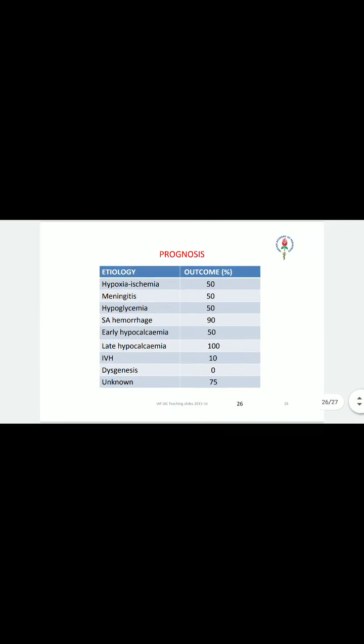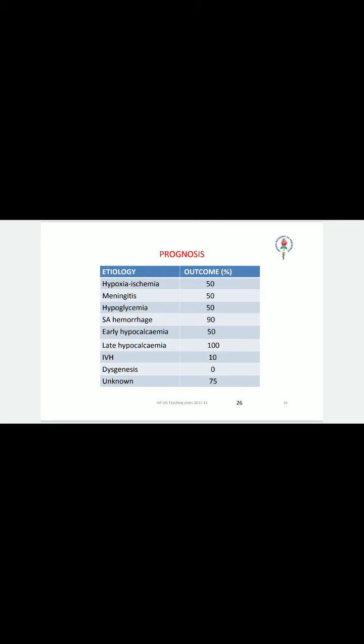Before I conclude, neonatal seizure is a medical emergency, and as I have already told, neonates are at particular risk for the development of seizures because metabolic, toxic, structural, and infectious diseases are more likely to be manifested during this time than at any other period of life.